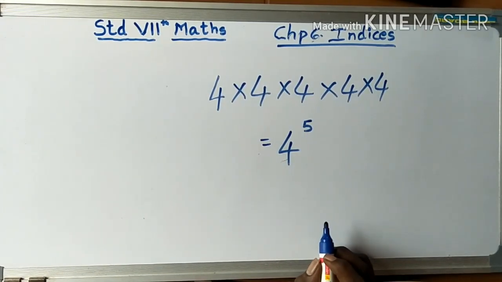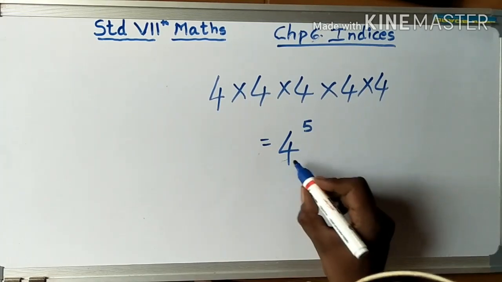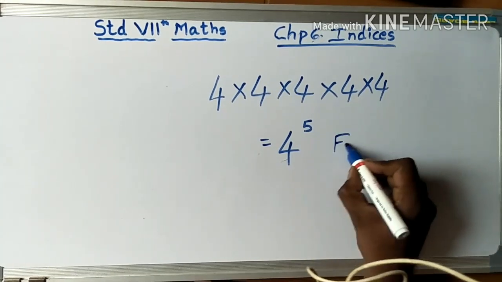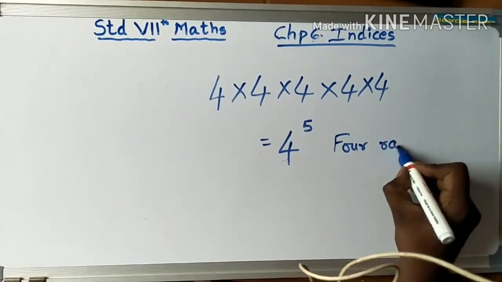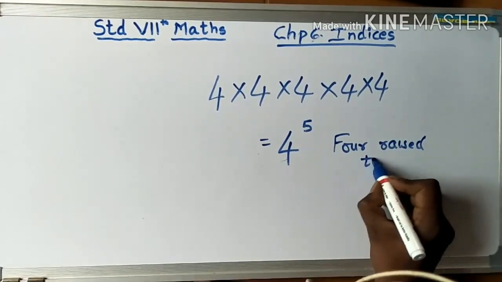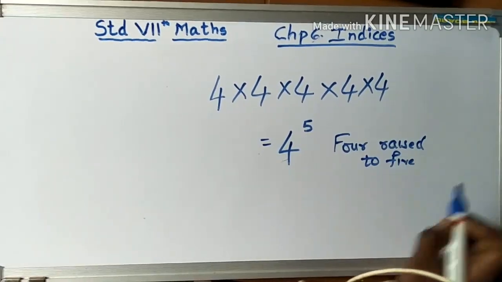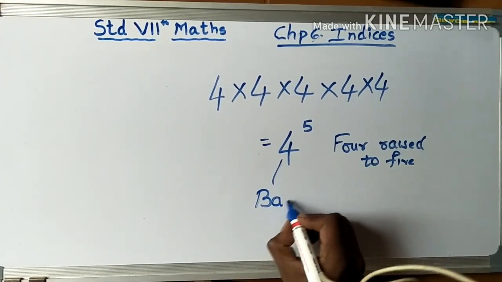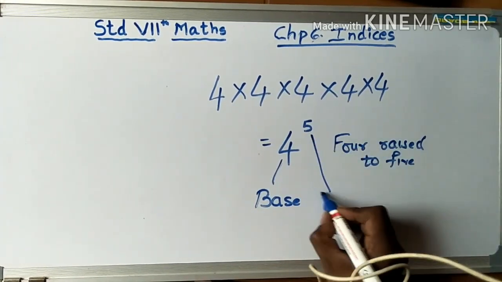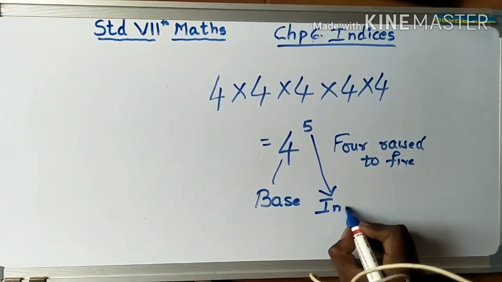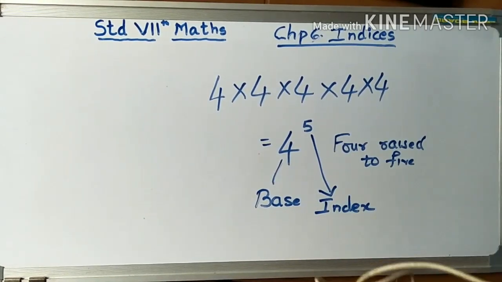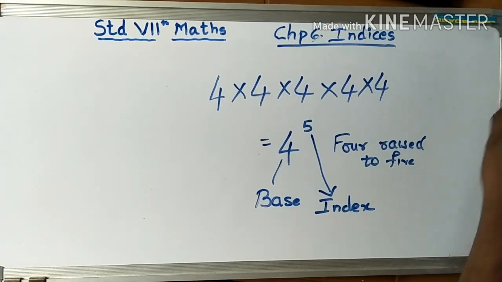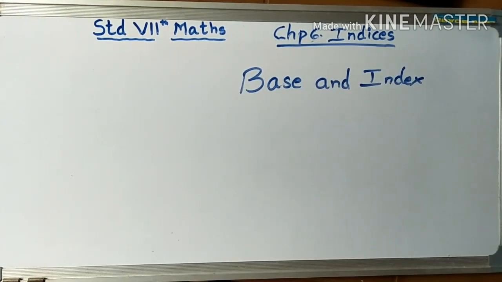We call this 4 raised to 5. Here this 4 is called a base and this 5 is called an index.